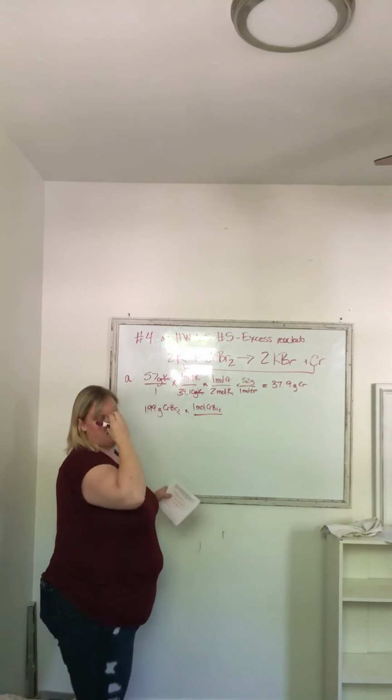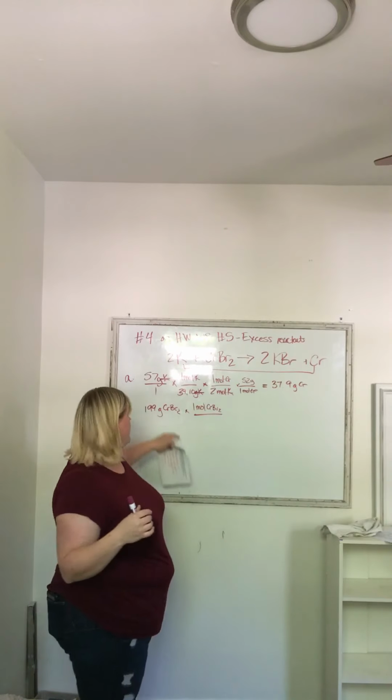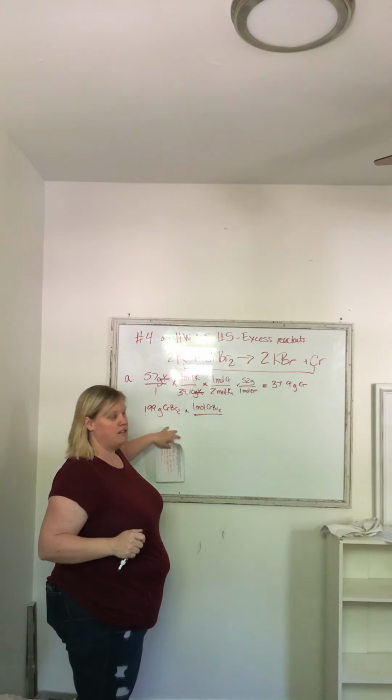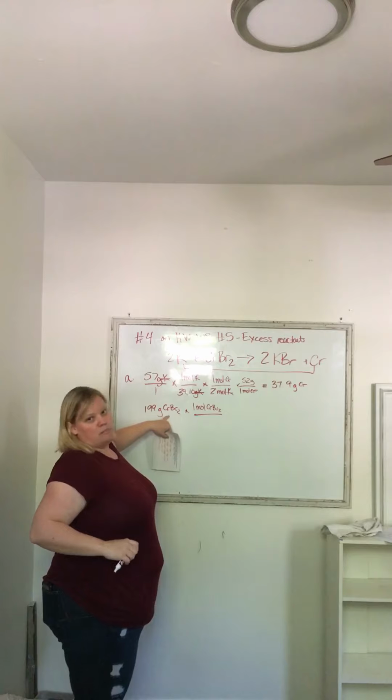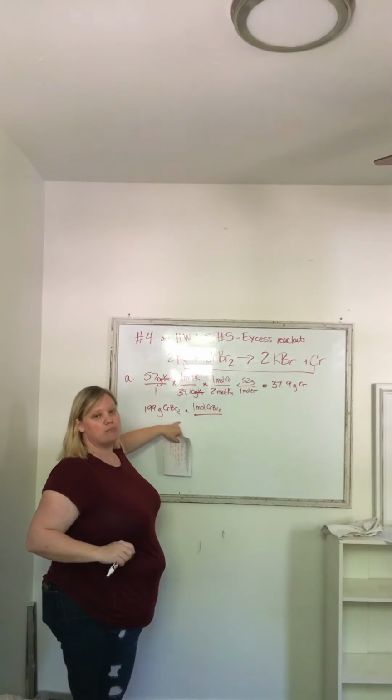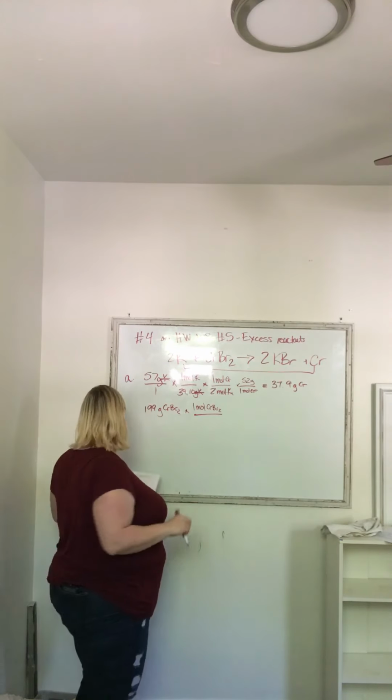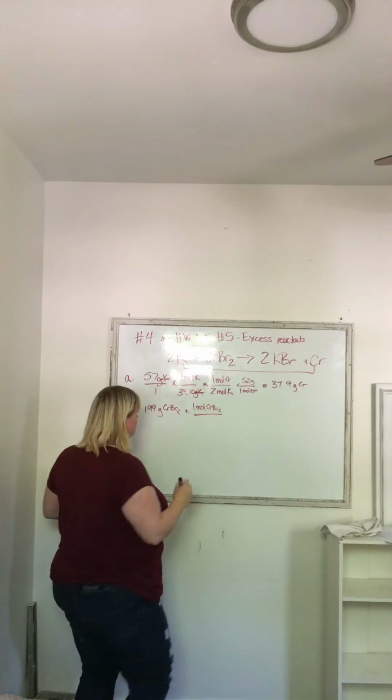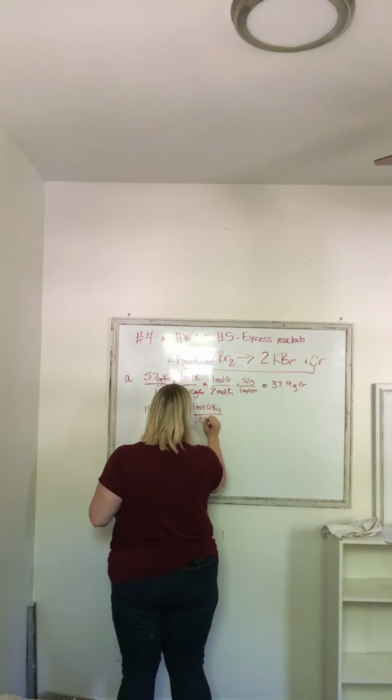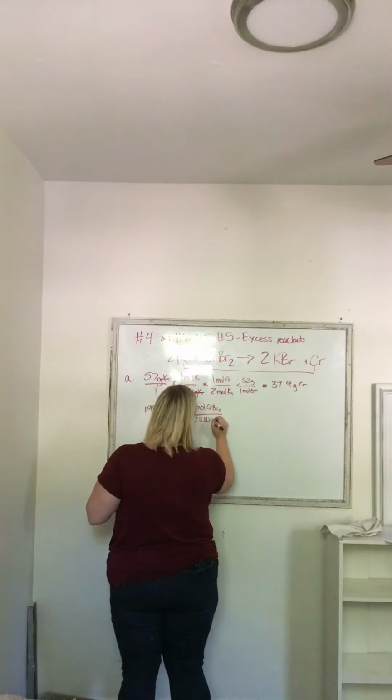You're going to figure out the molar mass of chromium bromide. So you're going to use 1 atom of chromium, 2 of bromine, add those together, and you should get 211.8 grams.